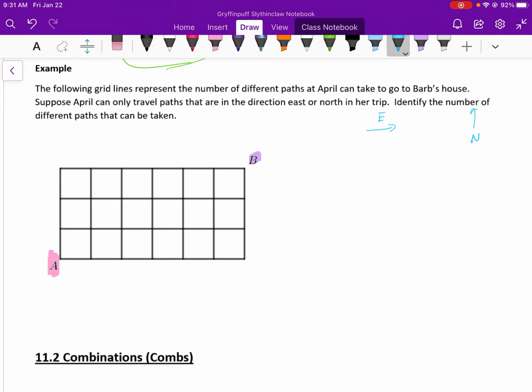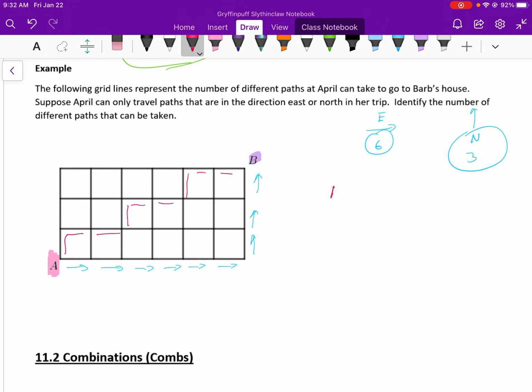But what's interesting is that no matter what path you take, you're going to have 1, 2, 3, 4, 5, 6 easts, and you're going to have 3 norths. Well, let me try that out. So north, east, east, north, east, east, north, east, east. Yeah, in fact, I'm always going to have 6 easts and 3 norths.